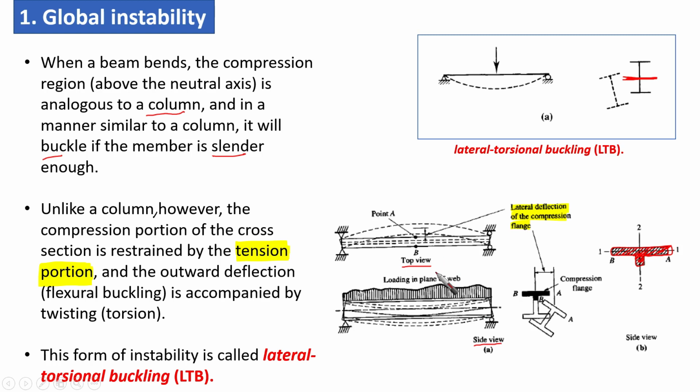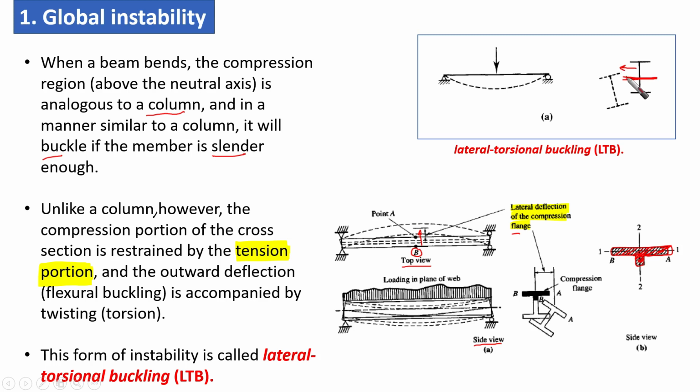But when you look from above, from a top view, you're going to find that the beam is going to laterally move. So this point, which is point B, is going to move laterally in this direction. This is what we call lateral deflection of the compression flange. So this part is not only going to buckle, it is going to laterally buckle.